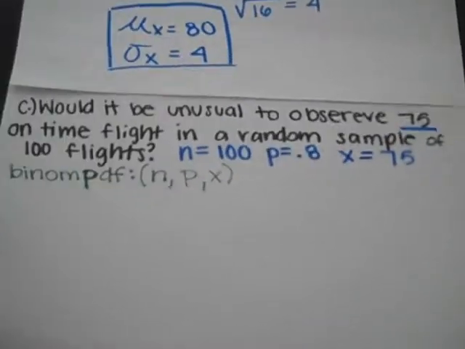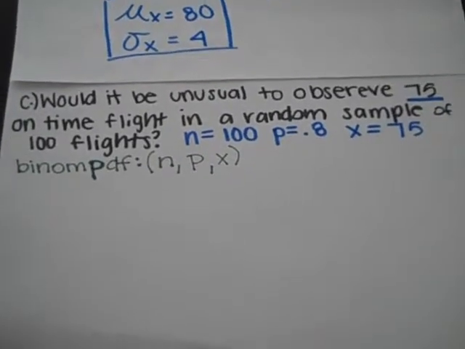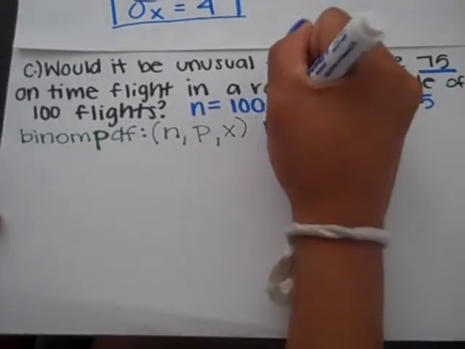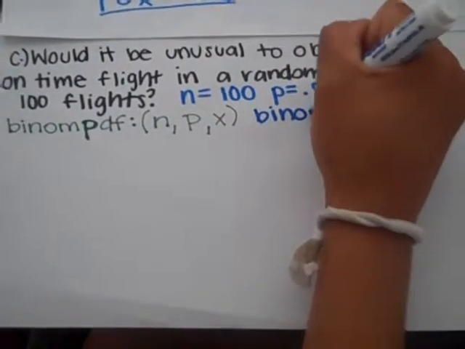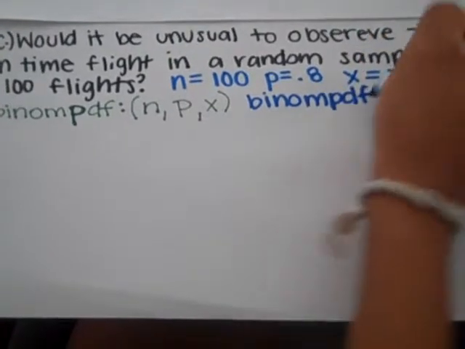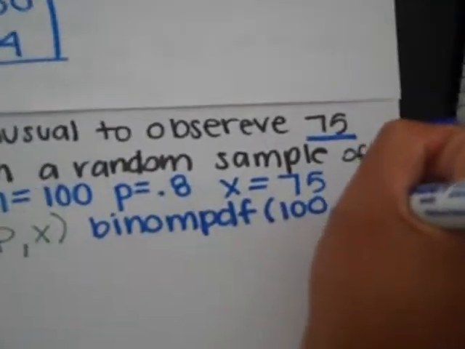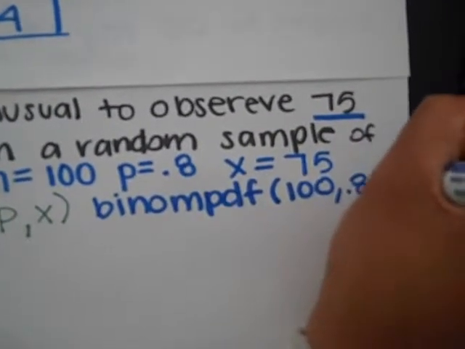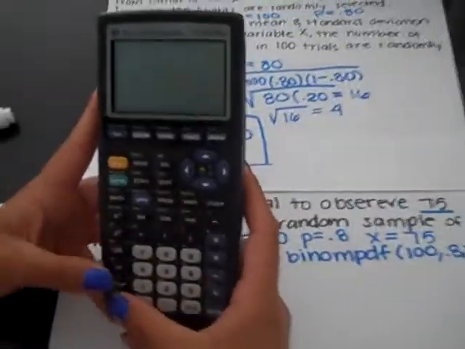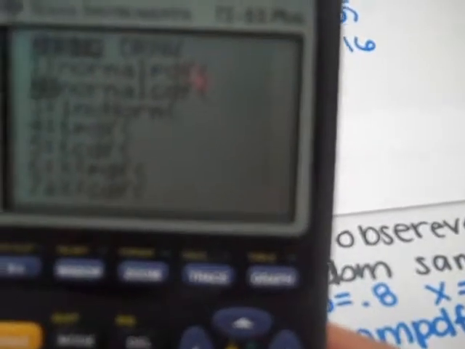So all you have to do is plug this into your calculator. So it's binomial PDF 100, 0.8, 75. To do this, you go on second variable and scroll down all the way to binomial PDF.